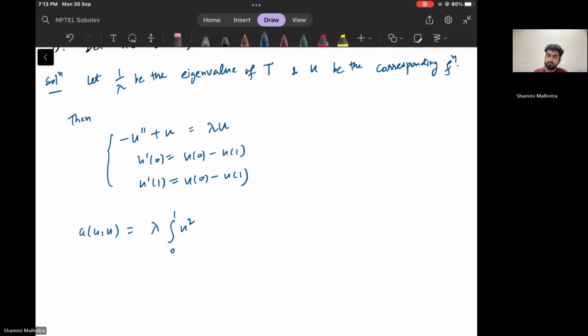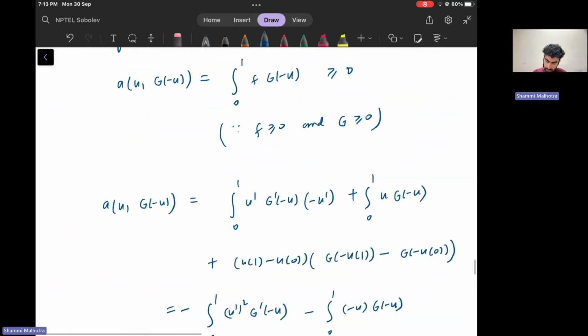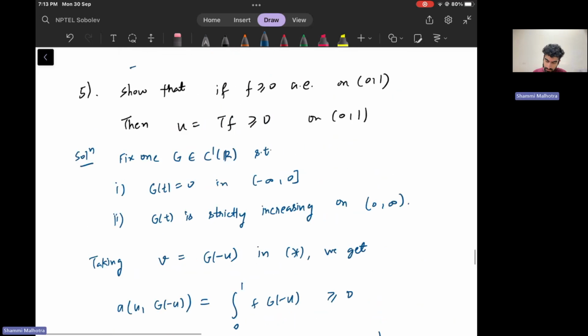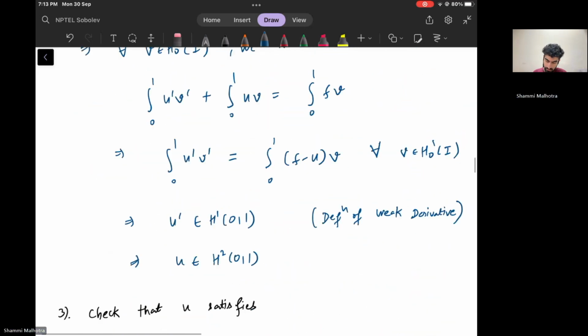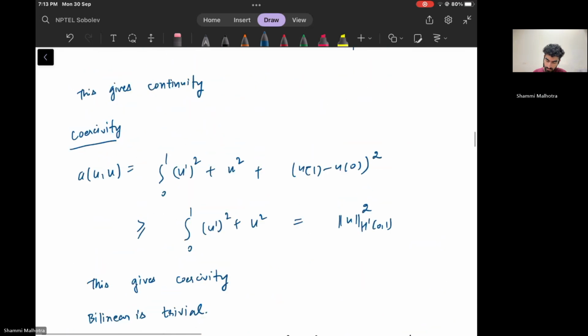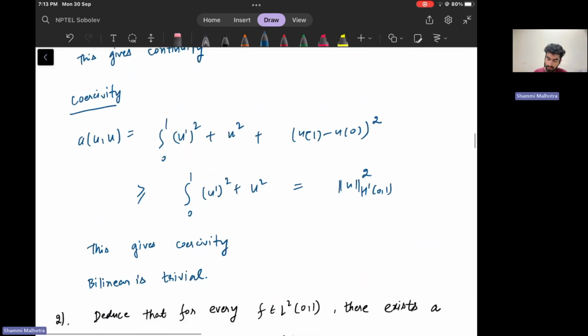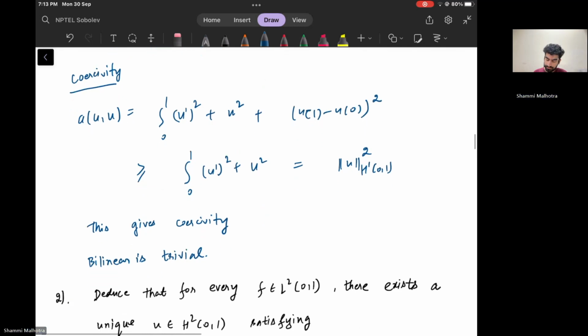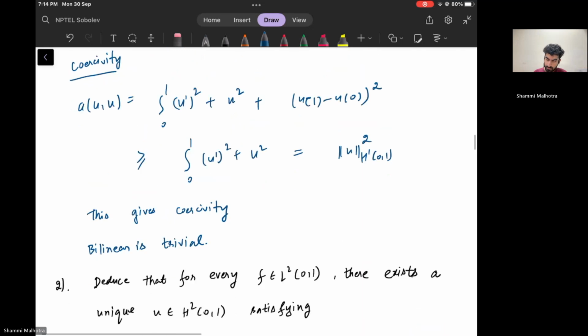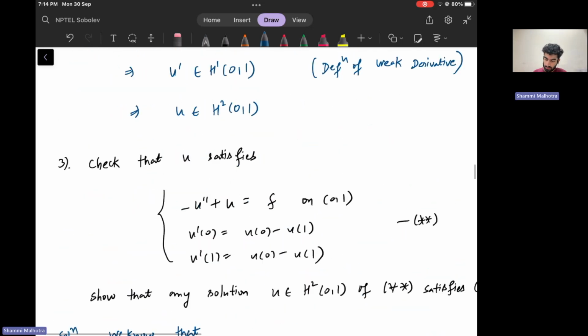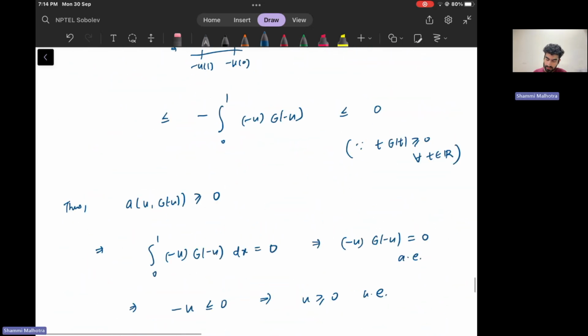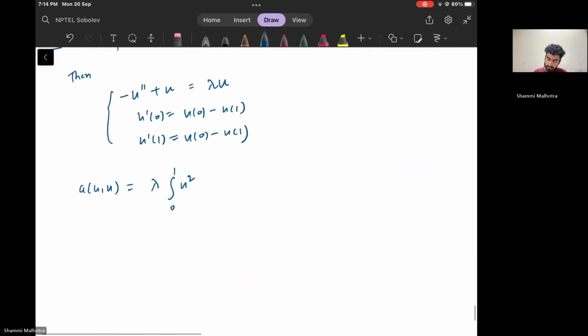And we have seen, when we were proving coercivity, that this a(u, u) has to be greater than the integral of u square. So since that is the case, this is greater than or equal to the integral from 0 to 1 of u square. And what this basically implies is that lambda has to be greater than or equal to 1.